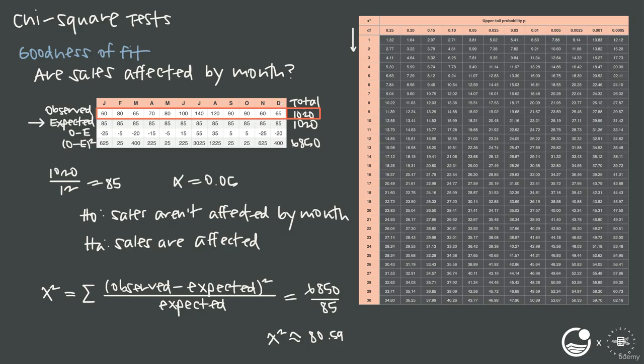So here's what we mean. If we look at the body of this table, we have all these values in the body, 60, 80, 65, all the way up to 65 here in December. And then we have the total. The question is, how many values can we remove from the body of the table before we would no longer know what to put in each cell?